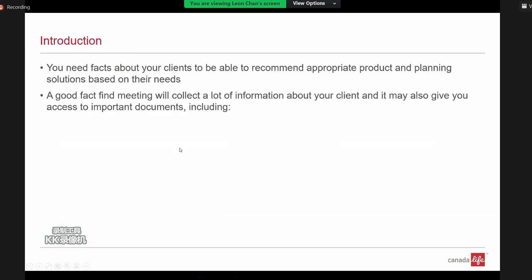Now, going on and really starting our conversation about fact finding and identifying some sales strategies. First of all, it's very important that we have the appropriate facts. We need the facts about the clients in order to recommend appropriate planning as well as product solutions based on their needs.